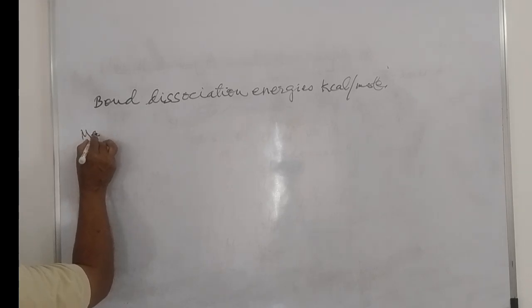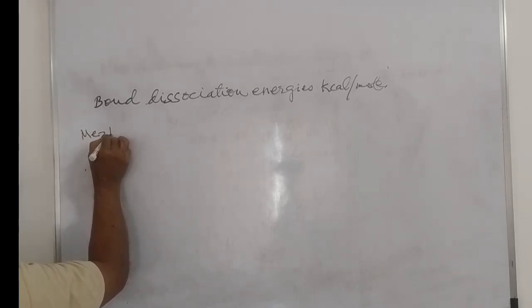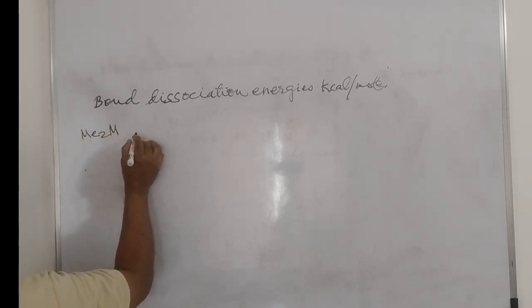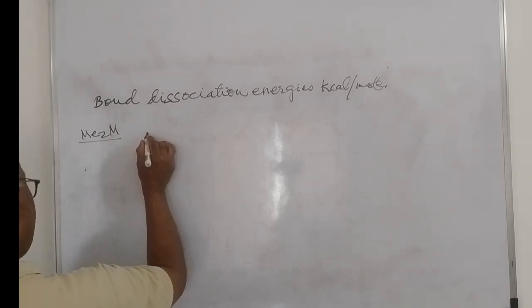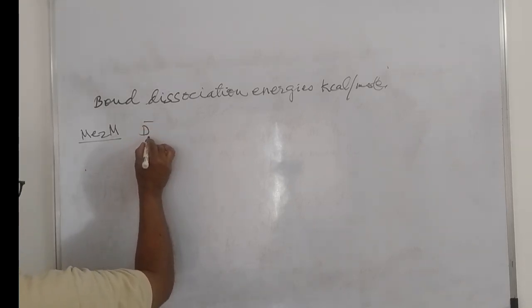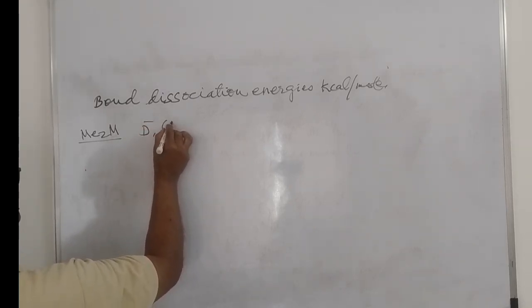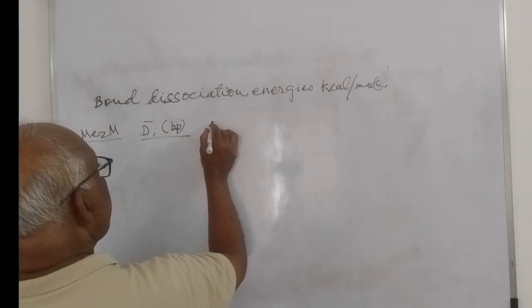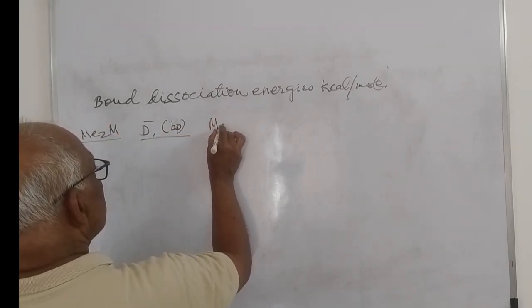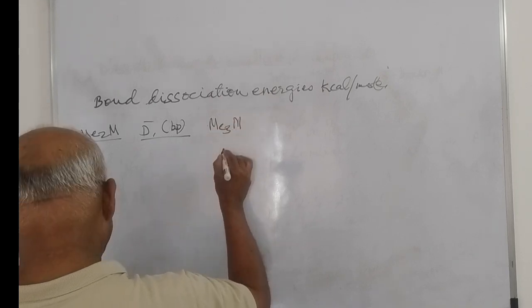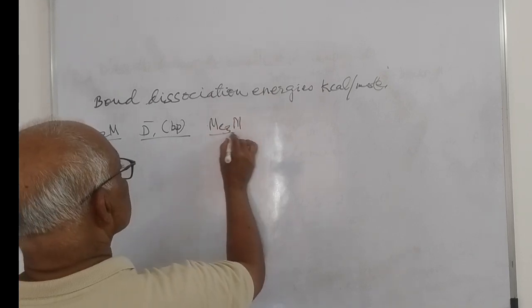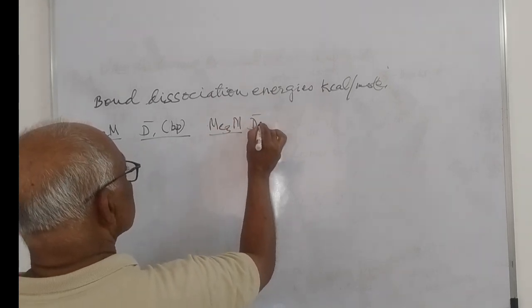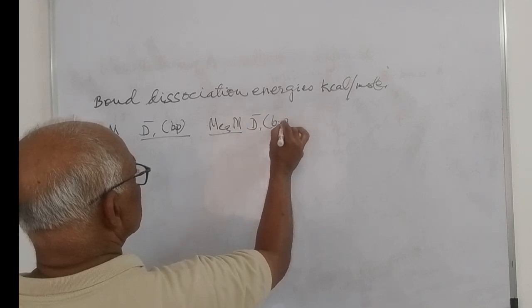The Me2 class is Me2M. Then we are showing here the bond dissociation energy and boiling point. Similarly, Me3M and its bond dissociation energy and boiling point.